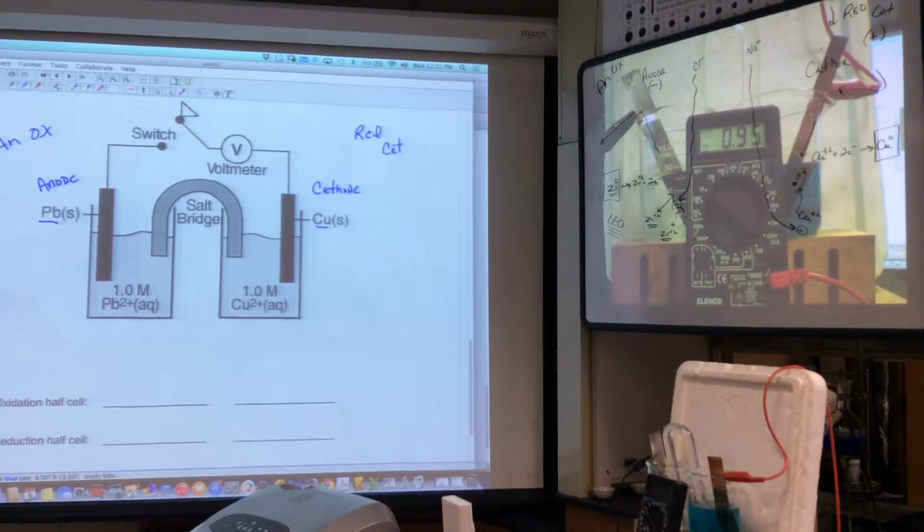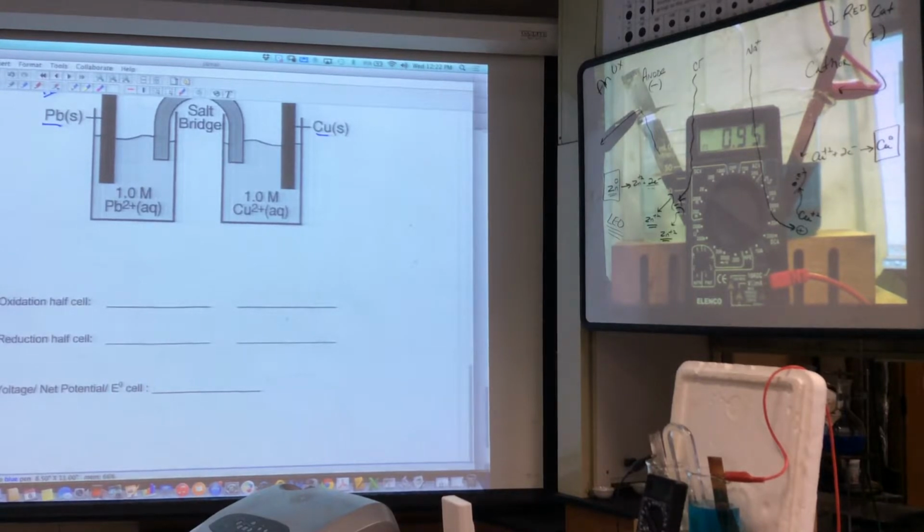Okay, here we go. Now what happens? Well, at the anode, an ox, there's oxidation. So the oxidation half cell, let's go here. That's the part of the battery. Okay, we have Pb what? 0, correct. The solid metal gives up 2 electrons to become Pb plus 2.